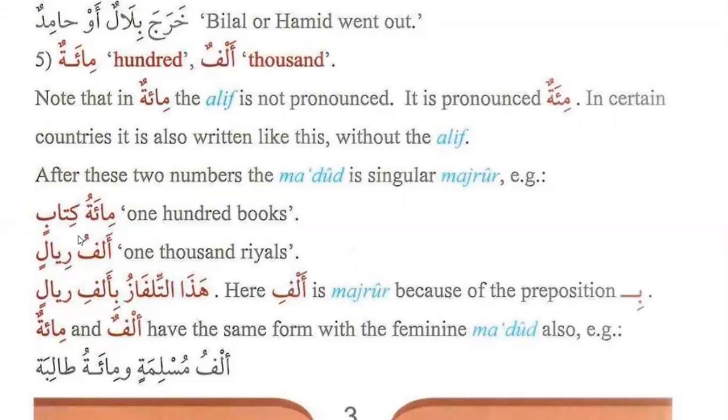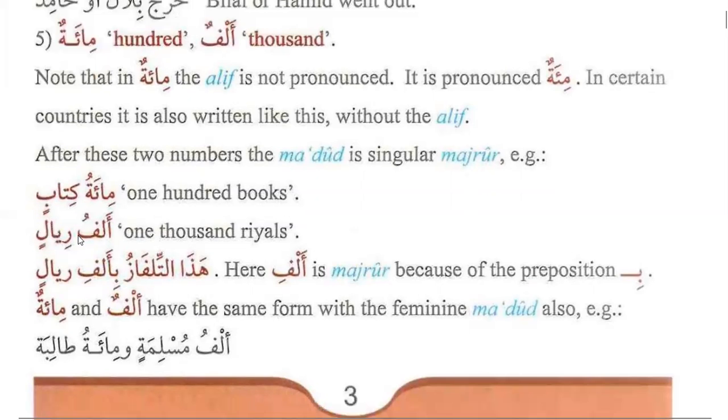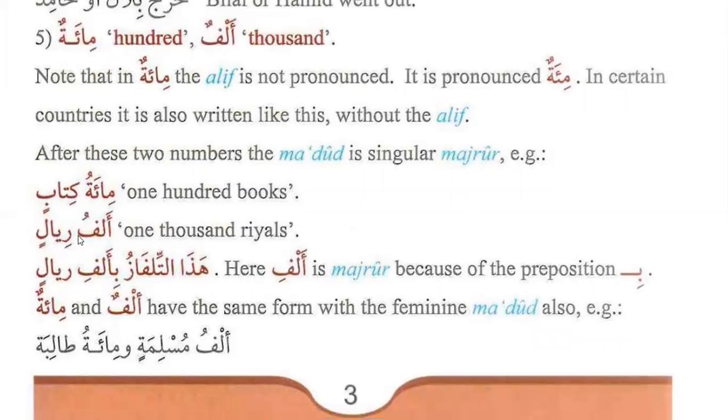It is pronounced mi'atun. In certain countries, it is also written without the alif. After these two numbers, the ma'dud is singular, majrur. For example, mi'atu kitabin, 100 books. Alfu riyalin, 1000 riyals. Hadha yulfaz bi alfi riyalin. Here alfi is majrur because of the preposition bi.